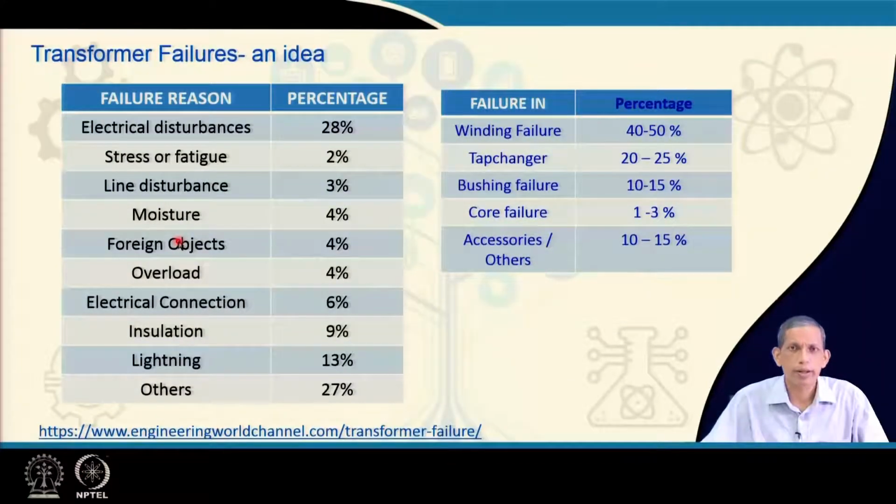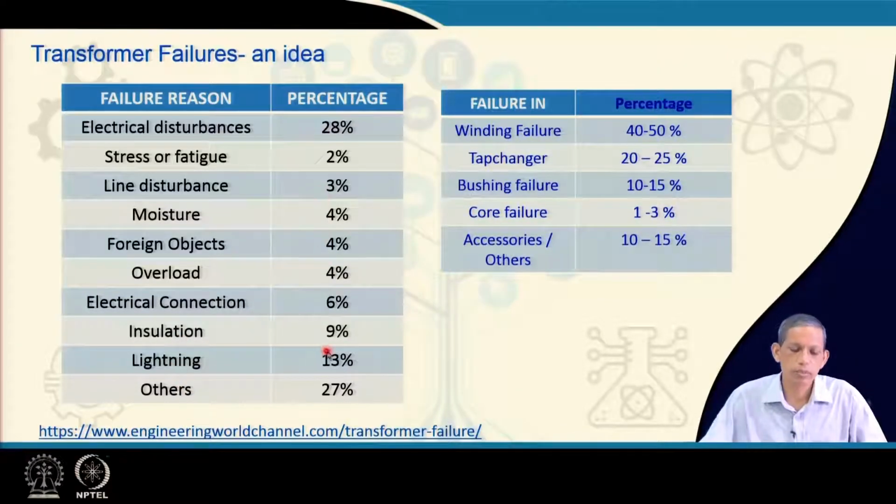Just to give an idea of the important factors, these are the reasons for failure: electrical disturbance, stress or fatigue, mechanical, line disturbance (external), moisture, foreign objects, overloading, improper electrical connection, insulation issues, lightning and others.